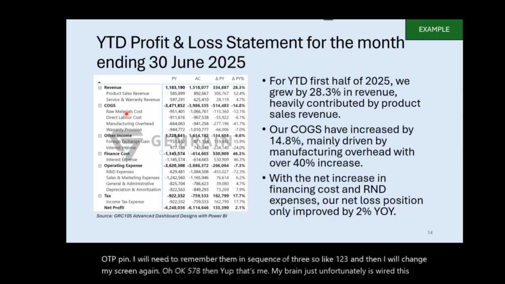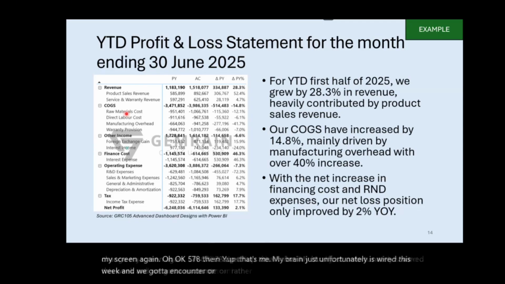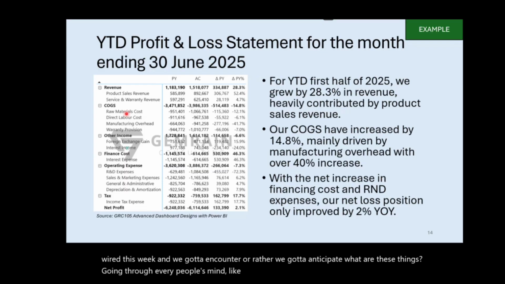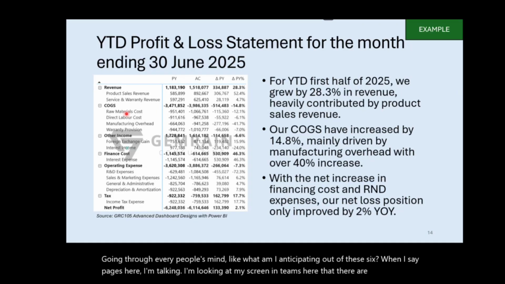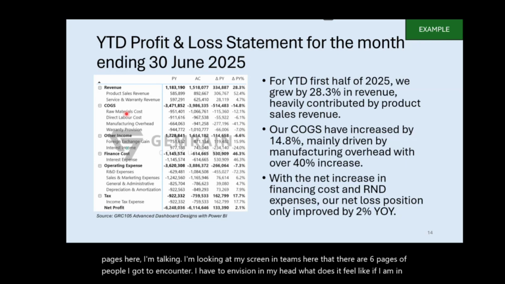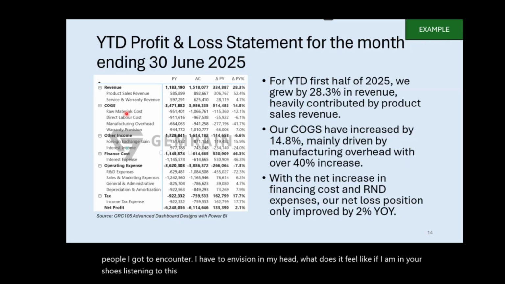And we have to anticipate what is going through every person's mind. When I say pages here, I'm looking at my screen in Teams, and there are 6 pages of people. I have to envision in my head what it feels like if I am in your shoes listening to this talk for 4 hours.